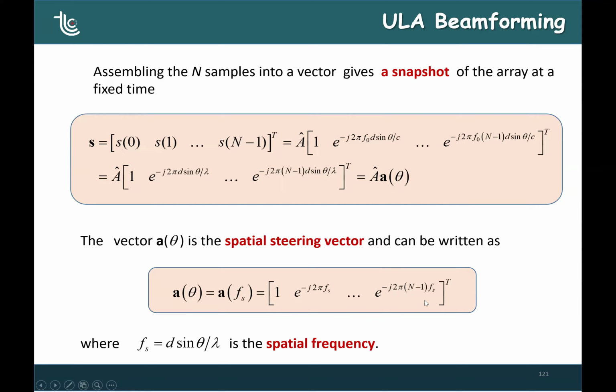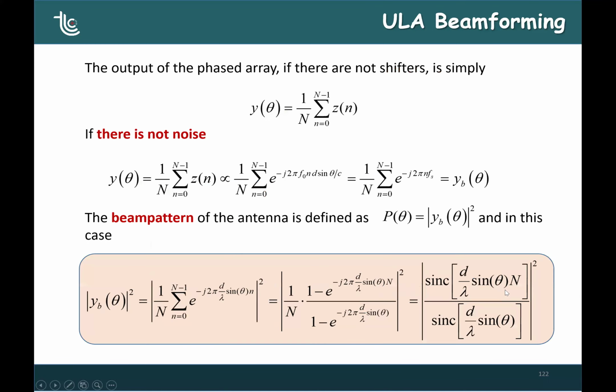So this is spatial. Why is it spatial? Because it contains the samples on all the elements of the antenna that are spatially separated. That's why this is a spatial steering vector, okay?